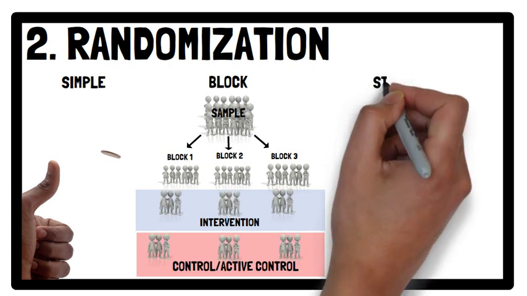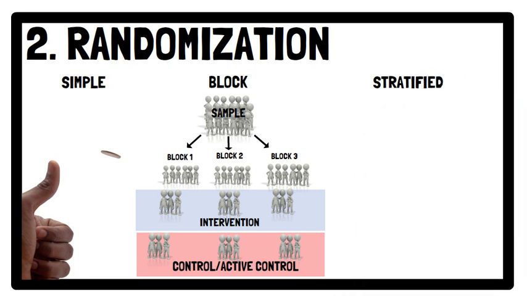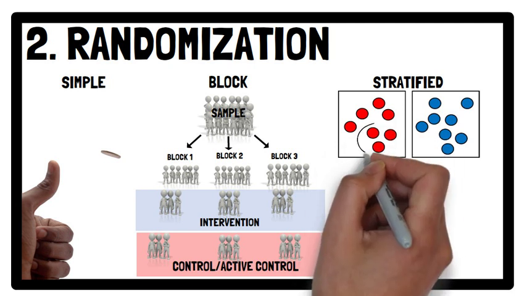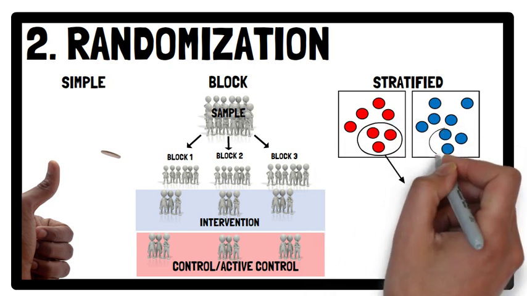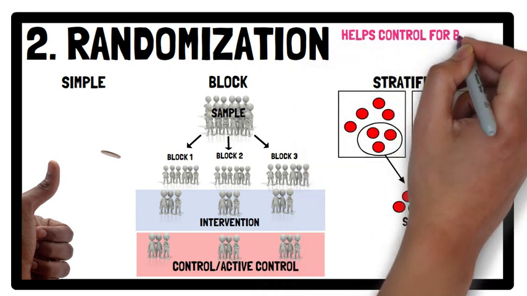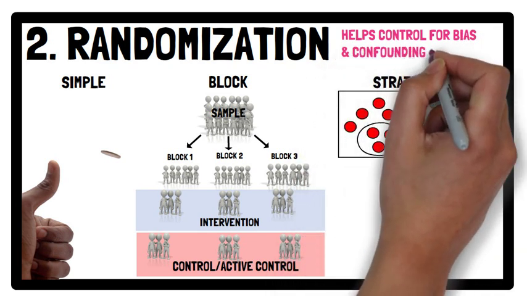And there's also stratified random sampling, which starts off by dividing athletes into groups with similar attributes, for example, strength level. Then a random sample is taken from each group. That's 3 examples of how to randomize athletes into groups. There are other approaches. However, regardless of the approach, when conducting randomized controlled trials, the randomization helps control for bias and confounding factors.